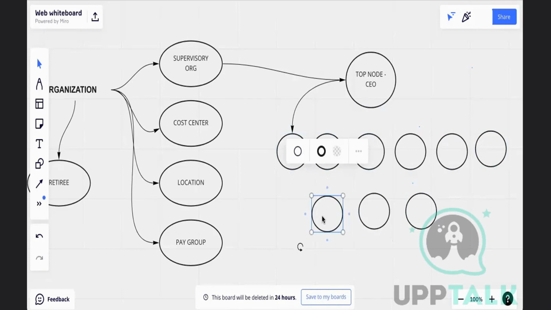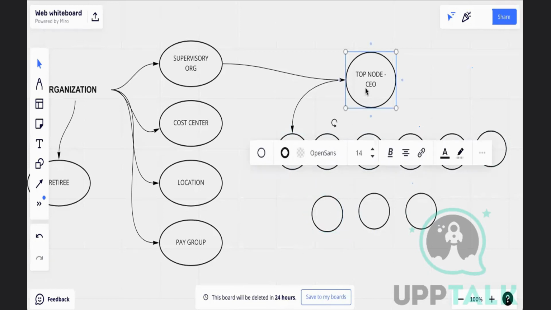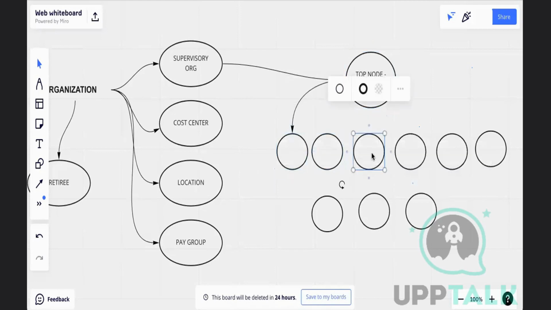There's no definition of how you name your levels, but you need to understand that from the top node come the characteristics of the top node. For example, if the recruiter for this top node is XYZ, the same person will be inherited, that same person will become the recruiter for level 1.